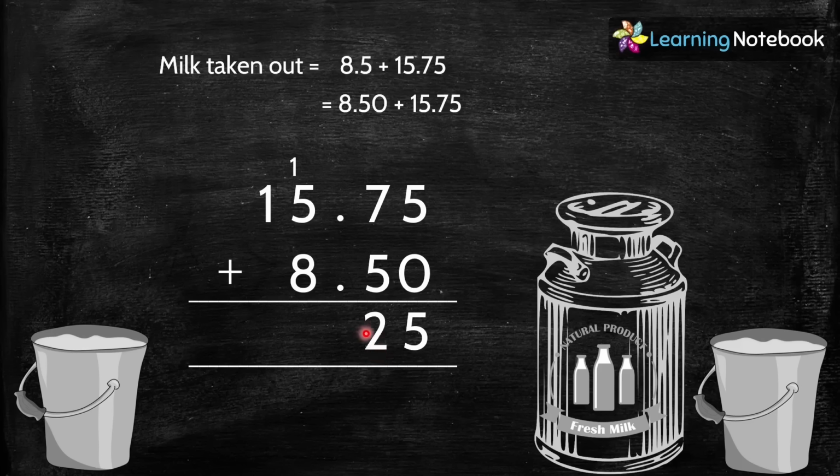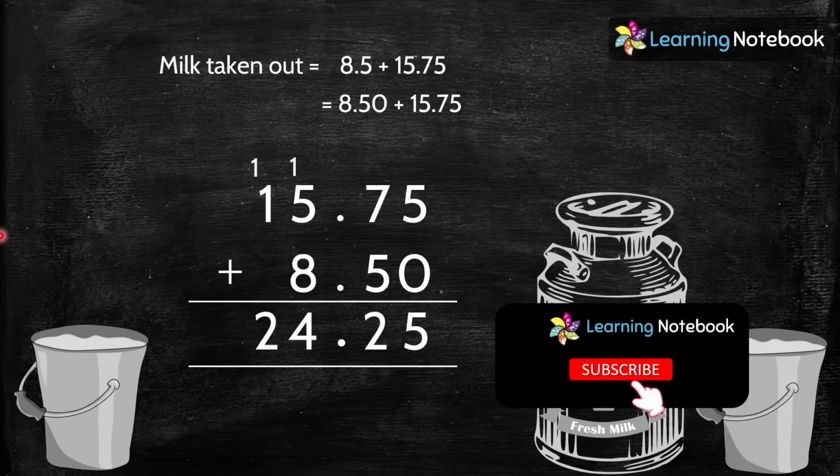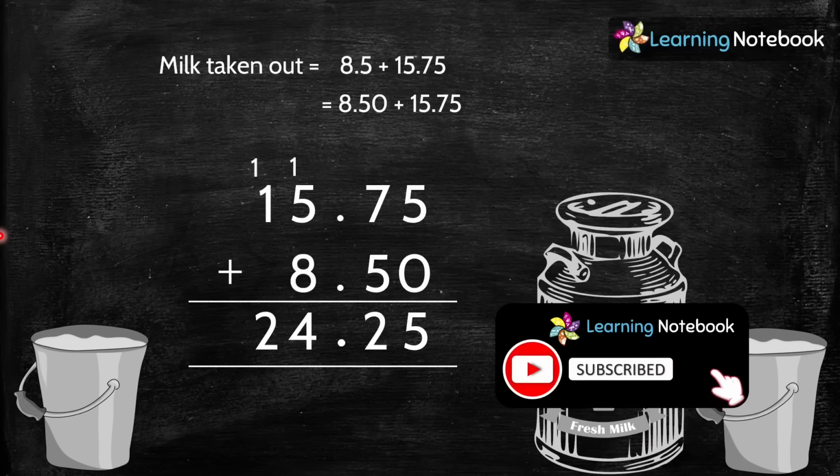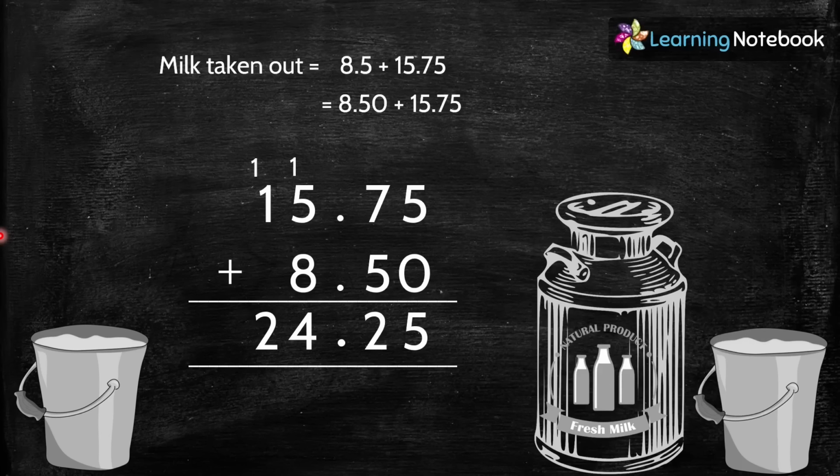Now let's add the whole number part. 1 carry plus 5 plus 8 equals 14. So write 4 in the answer and 1 gets carried over. Now 1 carry plus 1 equals 2. So answer is 24.25. So students, we have found out the total milk taken out from the drum, which is 24.25 liters.